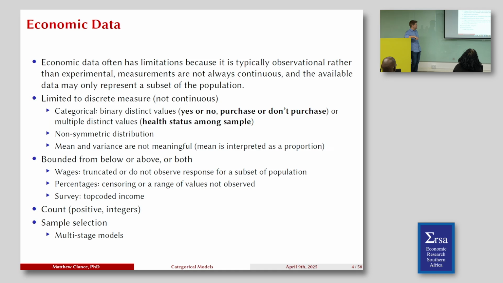And then we have the bounded from below and above. So this is a little bit away from the binary or the ordered or the multinomial. And here I'm just trying to give you some other ideas; I'm only showing you, I guess, 3 to 4 versions of types of limited dependent variables. But in cases of wages, we think of that as being truncation, top coding.